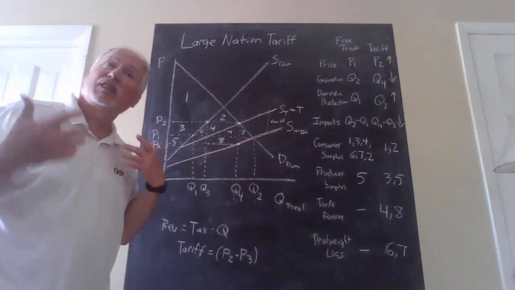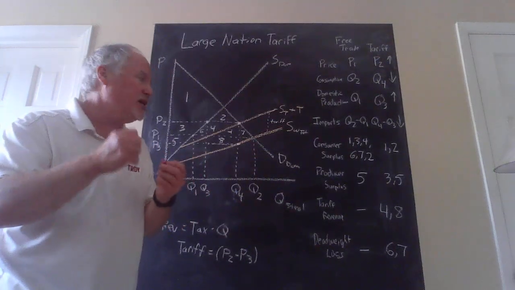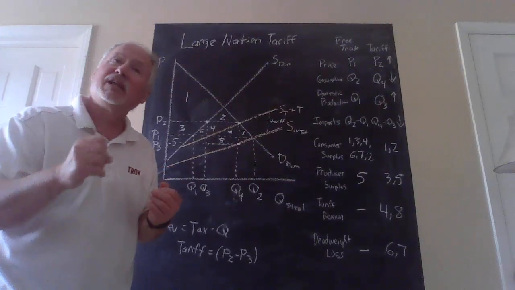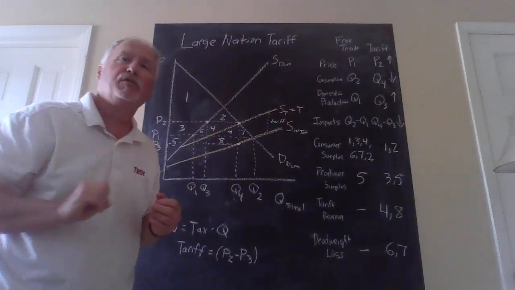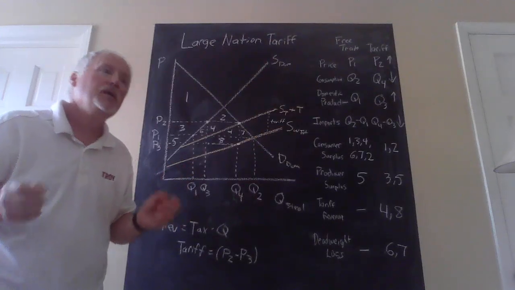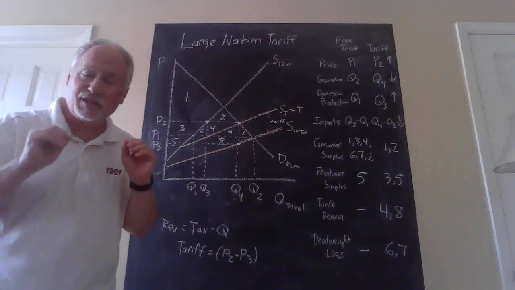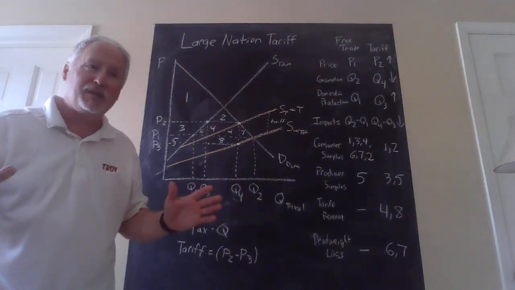There is at least the theoretical possibility, if area 8 is bigger than areas 6 and 7, that this nation would be better off with a tariff. This is what's called the optimal tariff theory. It's a little misleading, though, because we can say very conclusively the world economy is less efficient.